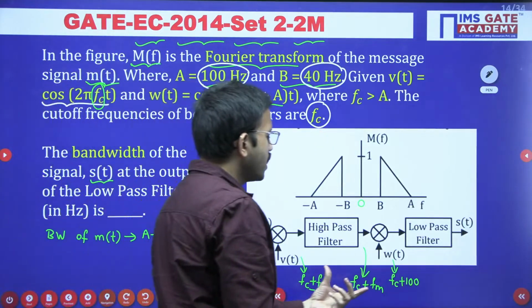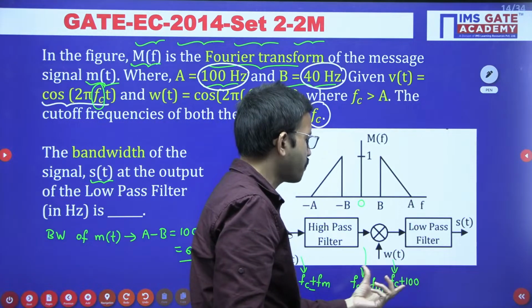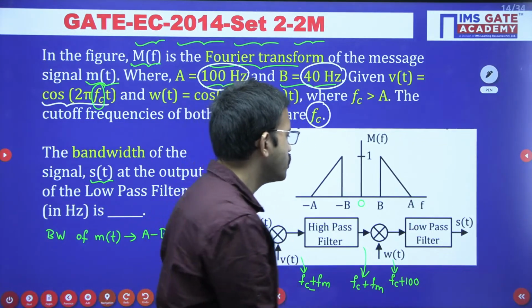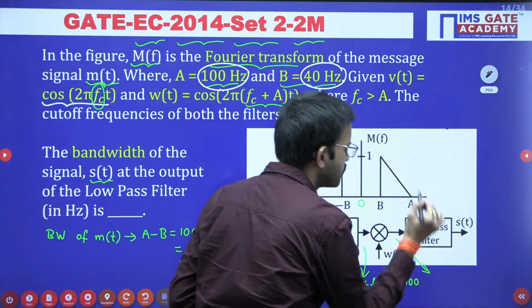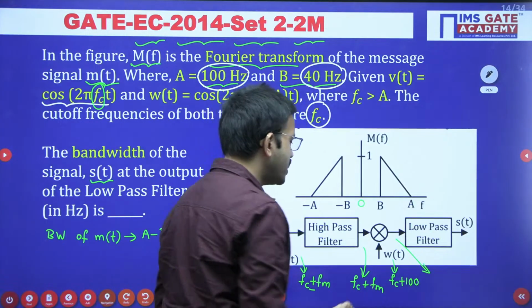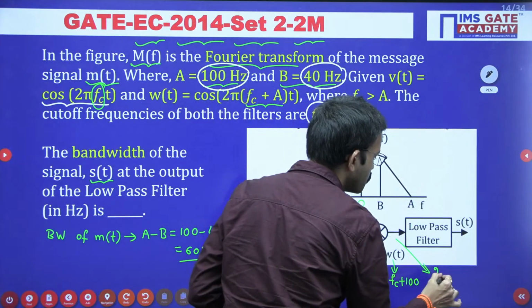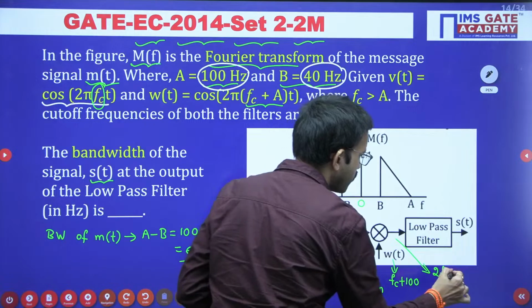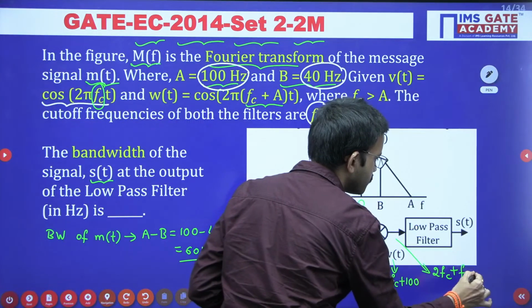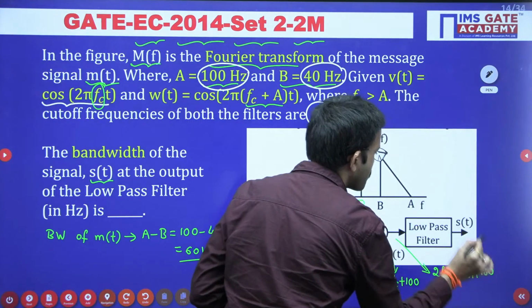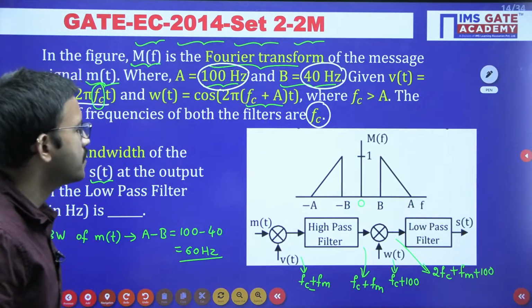Even if you perform the addition, what are you going to get? Just for understanding purpose I will write it. Fc plus Fc is 2Fc plus Fm plus 100.